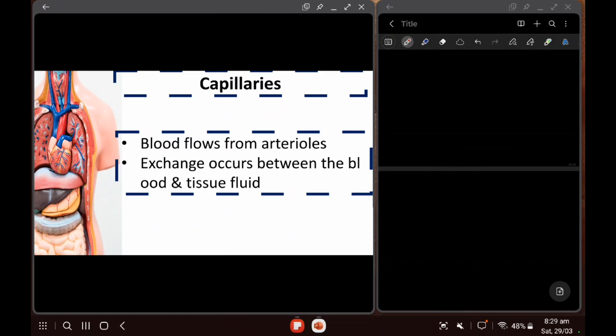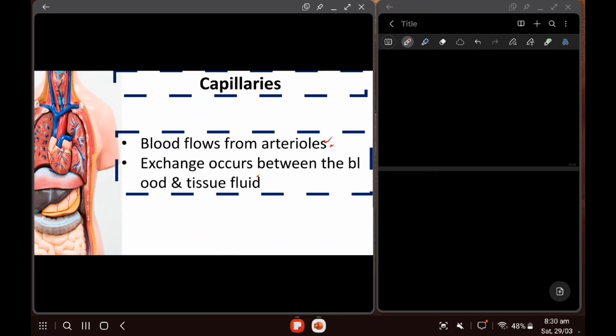And then we have the capillaries. So, si capillaries naman po is blood flow from arterioles. Parang isipin natin to. Bakit blood flow from arterioles? Isipin natin, think of arterioles is parang maliliit na road leading to the capillary. So, etong capillaries natin to, nagka-carry siya ng oxygen-rich blood from the heart to the capillaries. And then, sa capillaries naman, dito nangyayari yung exchange between the blood and tissue.